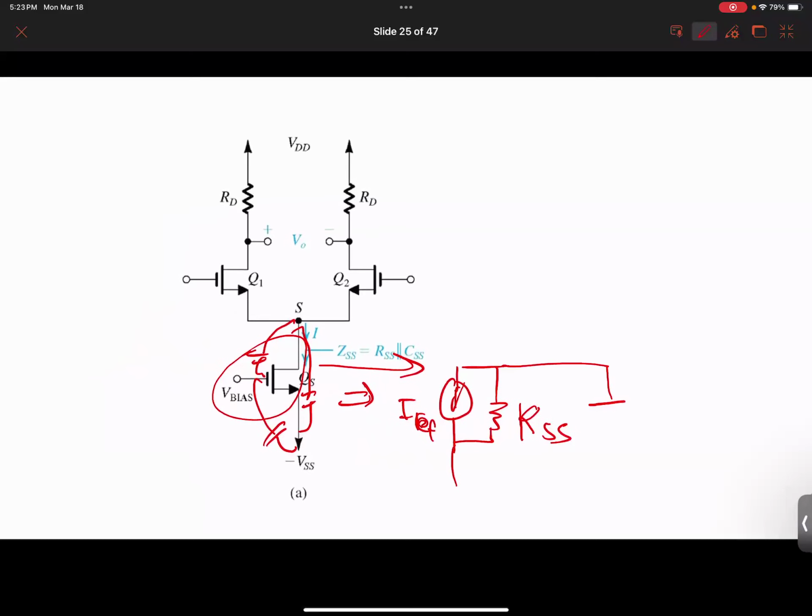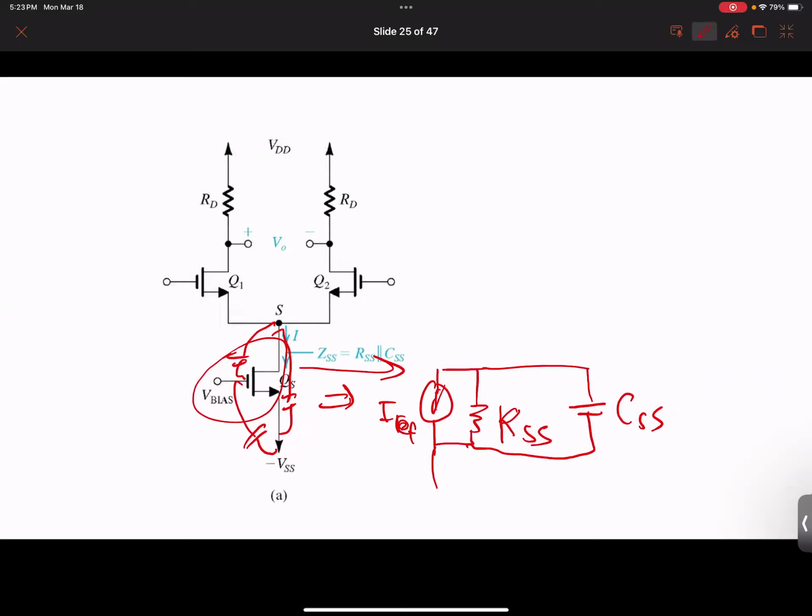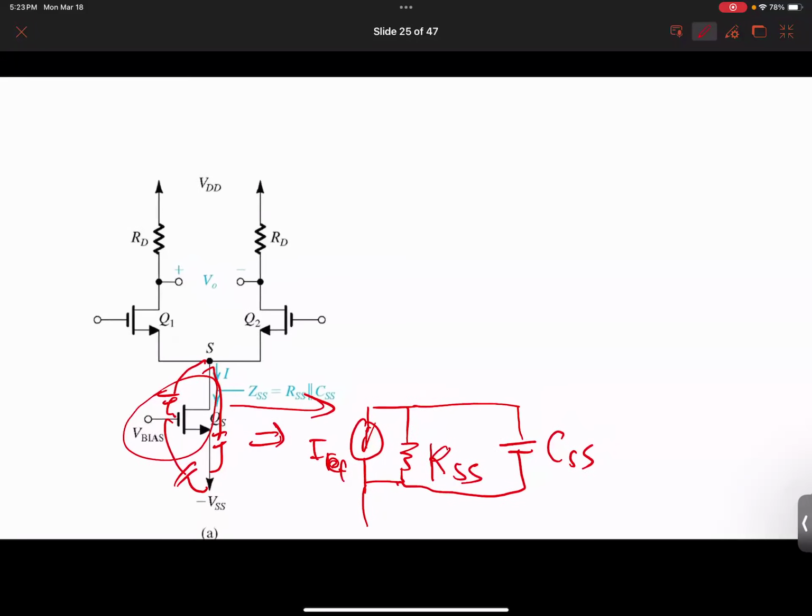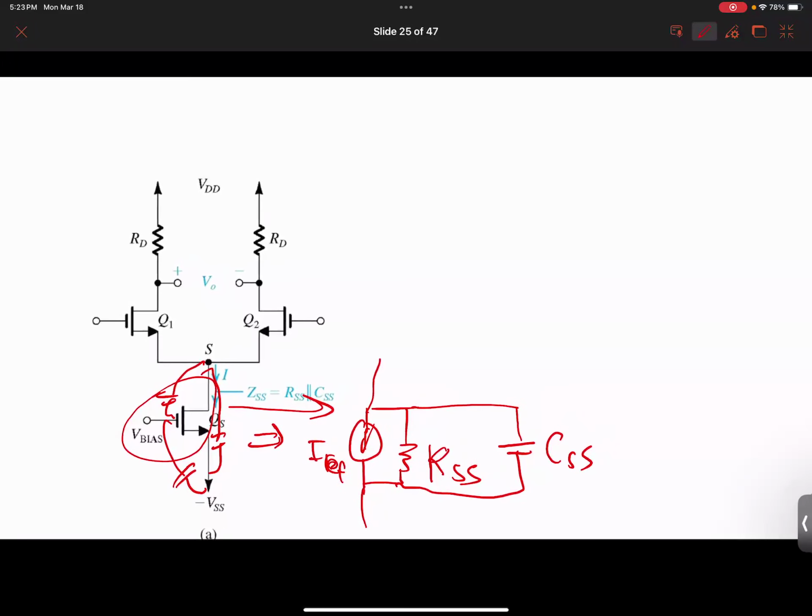So basically, we can represent this capacitance, we call CSS. So we have this CSS represent the overall capacitance of this device. So now we can replace this whole part of the circuit with this, right? So now what you're seeing is, okay, we have this, and then at the top, of course, are these two amplifiers. I'm not going to draw it here. You know what it is now.